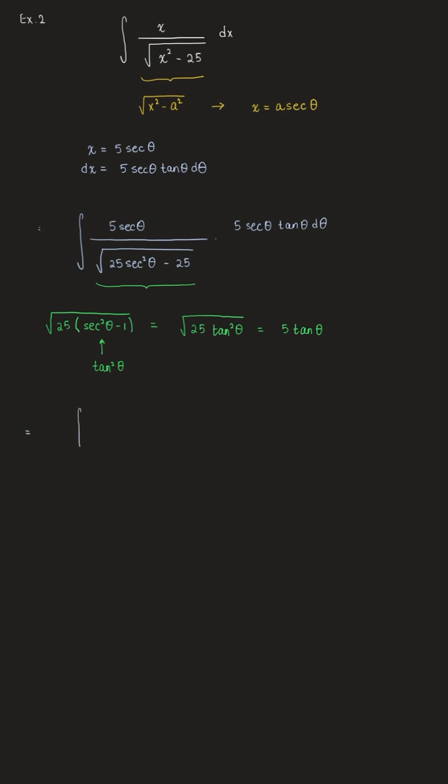So let's go back to our integral. In the numerator, we still have that 5 secant theta. Now in the denominator, we have 5 tangent theta, since we simplified the square root. And then we still have a 5 secant theta tangent theta d theta from that differential dx. And I'm going to cancel out this 5 and this tangent.